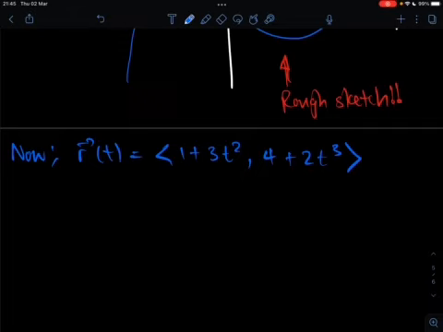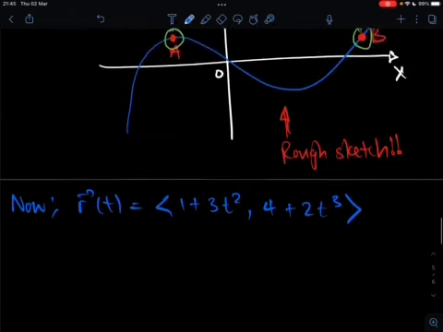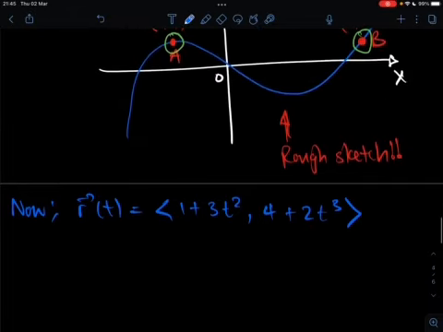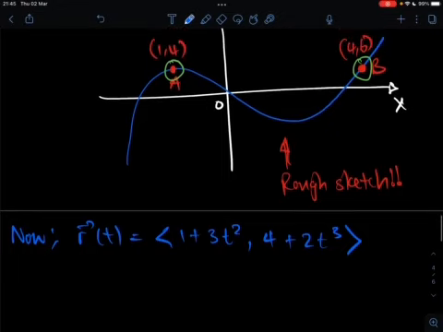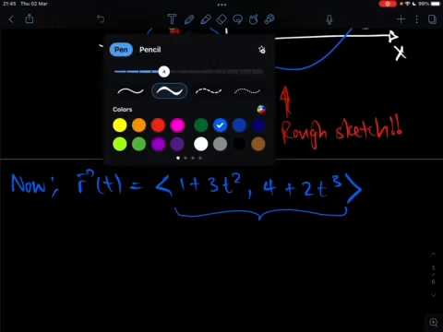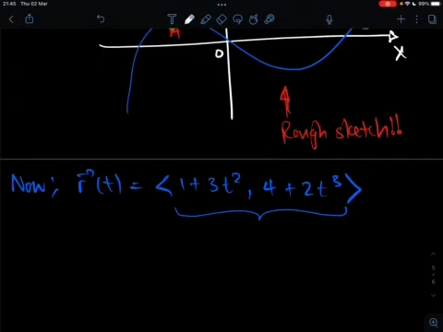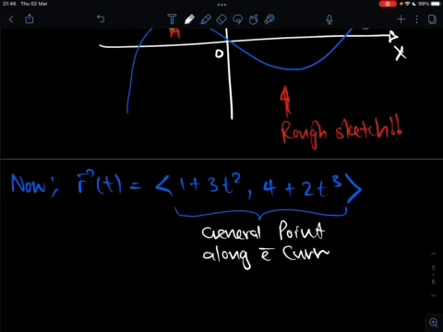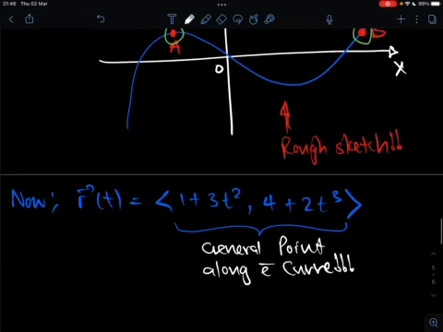You see that? So in order to establish what parameter values correspond to this point, you first take this, because remember this object is a general point along the curve. You have to understand what it is. It represents any general point that lies along the curve.